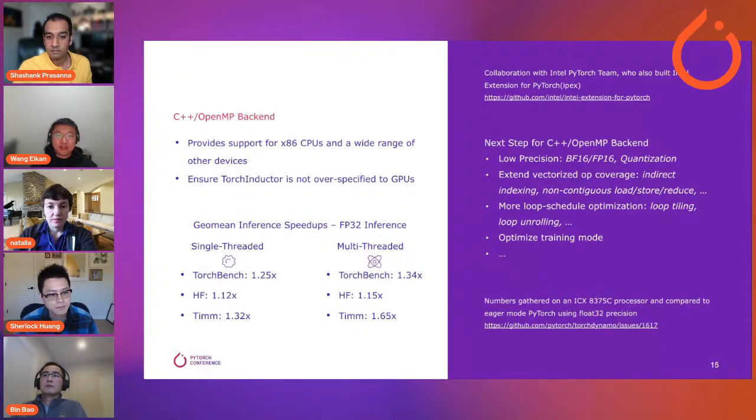The next is the current status for the FP32 inference for both single-thread and multi-thread scenarios. Compared to the eager mode of pure PyTorch, we observed a significant performance improvement for TorchBench, Hugging Face, and TIMM.